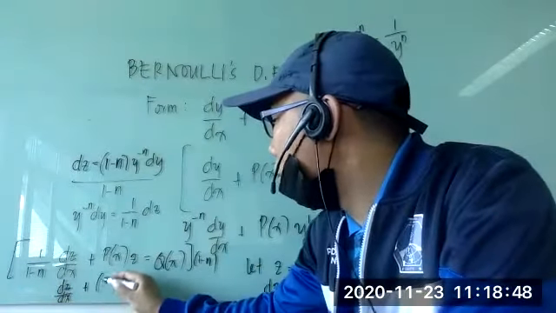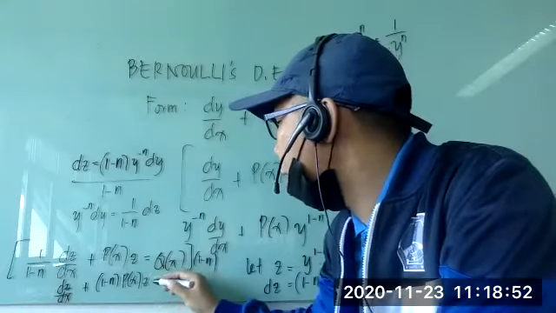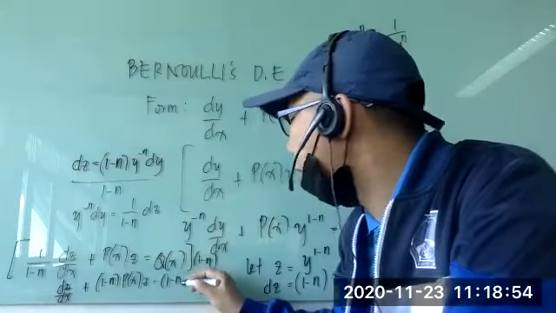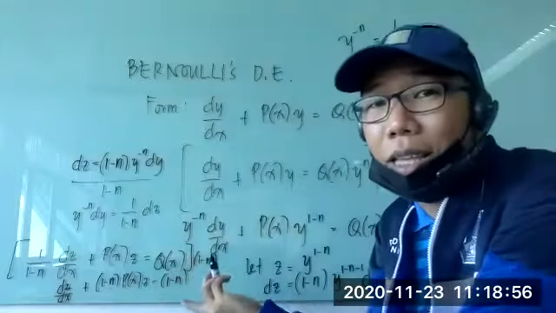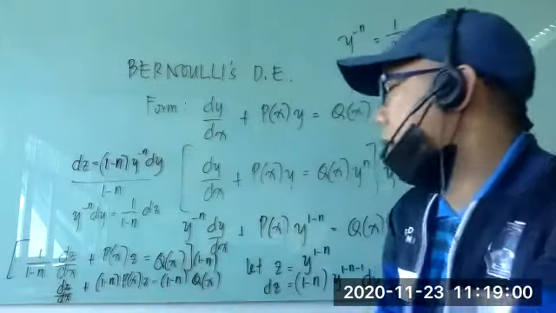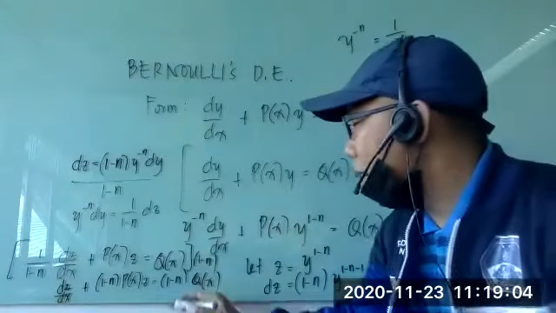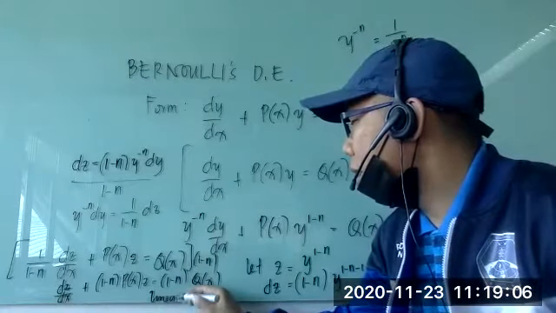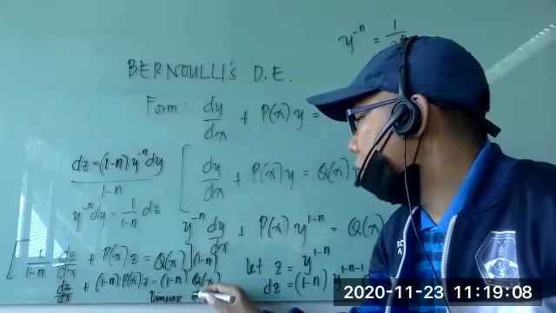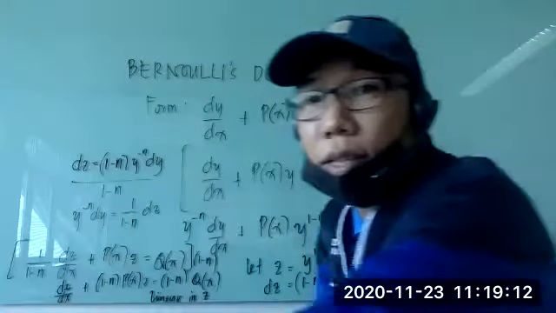Plus, so you have 1 minus n, p as a function of x times z equal to 1 minus n, q as a function of x. Tandaan, wala nang problema sa n kasi n is an integer. So there you go. Yun yung ating linear equation, linear in the variable z.